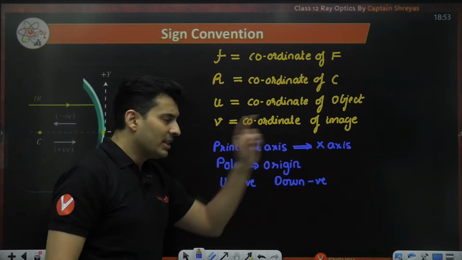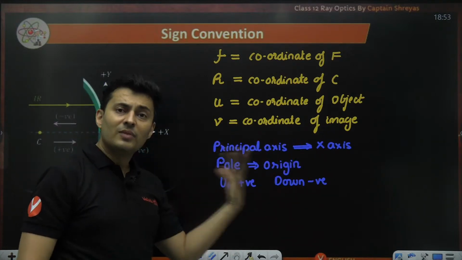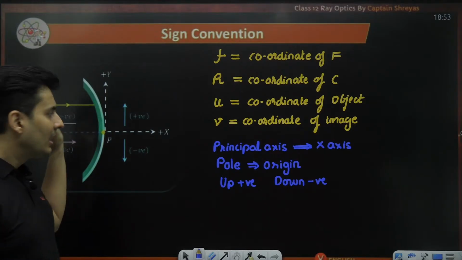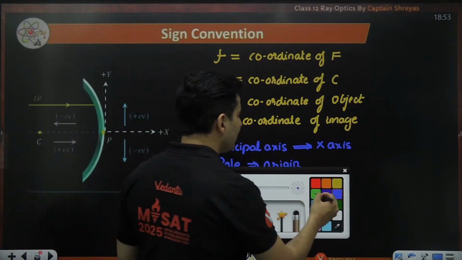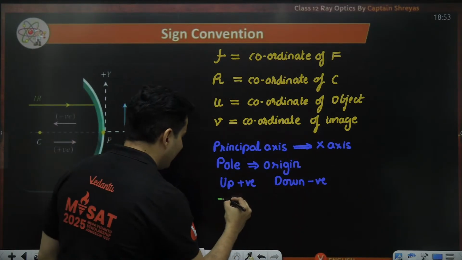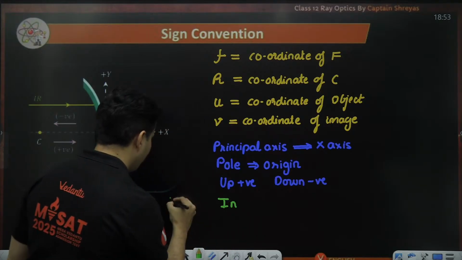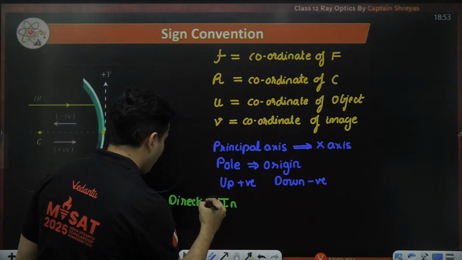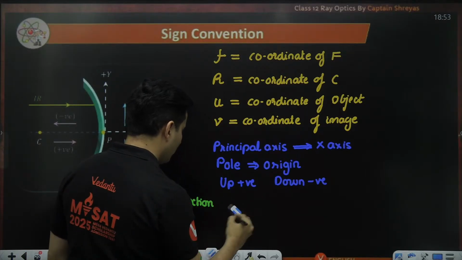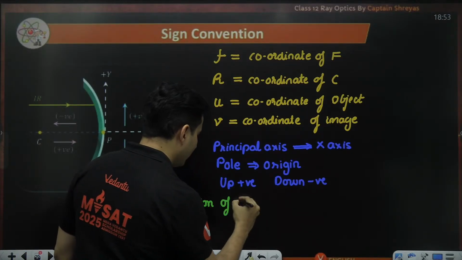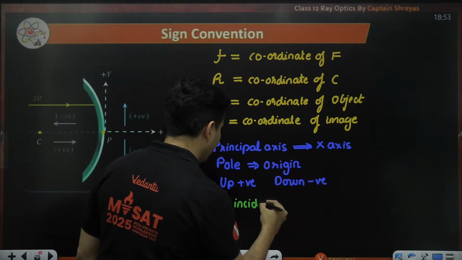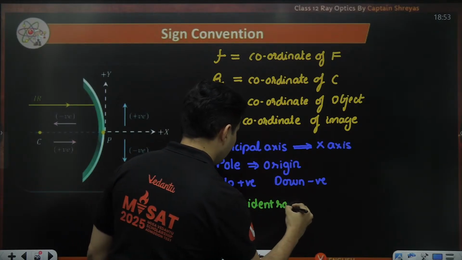Now, in the principal axis, which is the x-axis, which side is positive x and which side is negative x? Is it right or left? For that, check the incident ray. Forget what happens to the reflected ray.